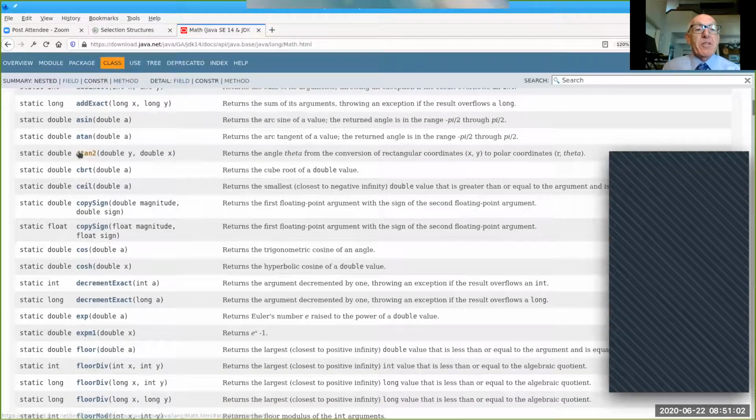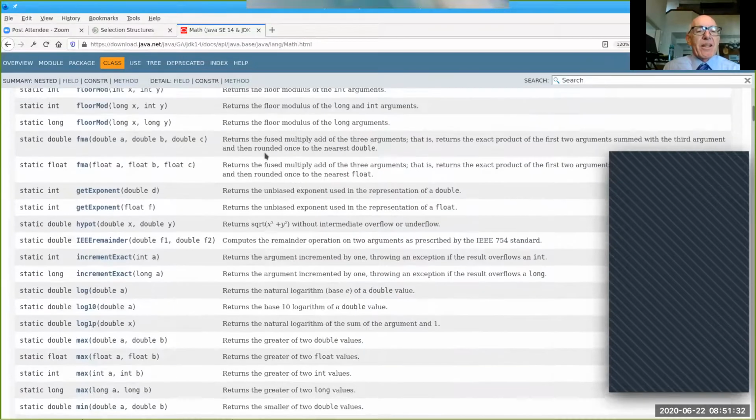Oh, atan2 is incredibly useful. In fact, atan2 is much more useful than arctangent. I'm going to tell you right now, if you ever have some rectangular coordinates and you need to figure out what the angle is from that point to the origin, this is exactly the method that you need. So I really love atan2. Whenever I'm doing computer graphics, I need this method more than just about any others.